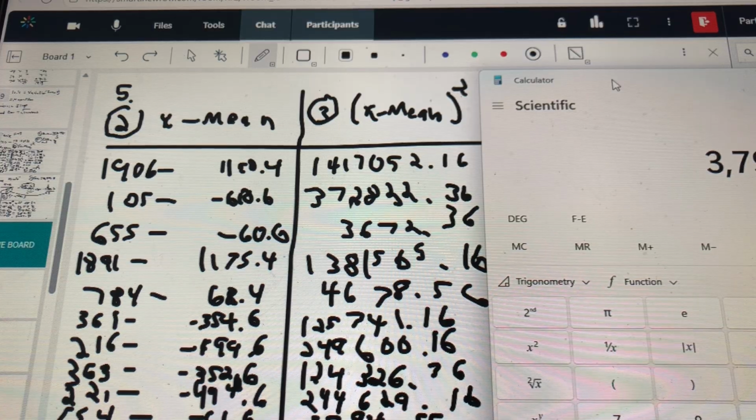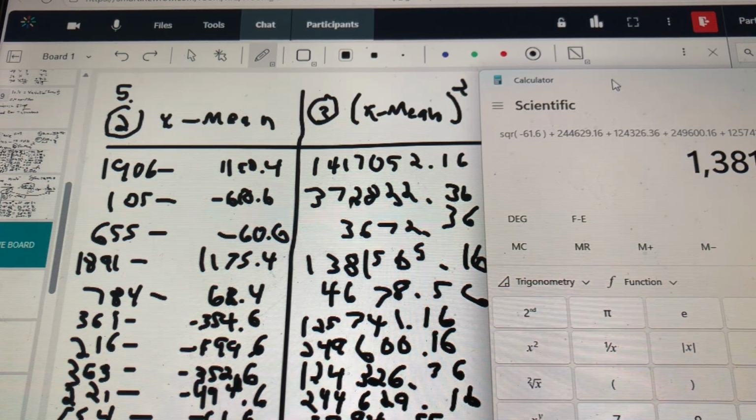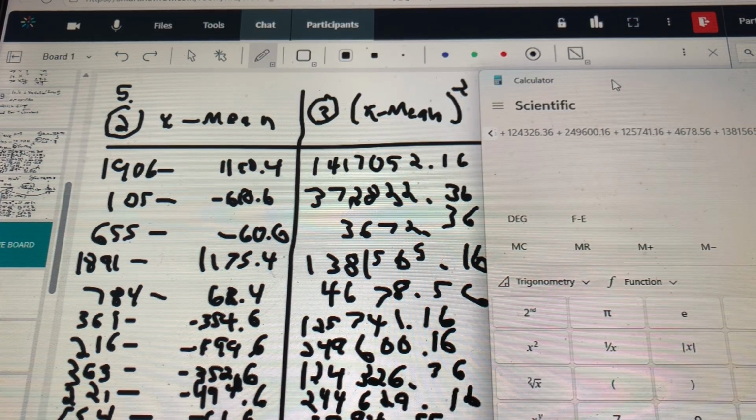So add all this up. I'm going to do the bottom up, 3794.56 plus the 244,629.16 plus 124,326.76 plus 249,600.16 plus 125,741.16 plus 4678.56 plus 1381565.16 plus 3672.36 plus 372832.36 and 1417052.16.